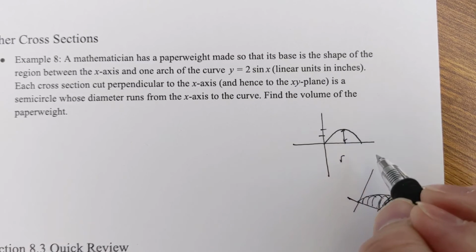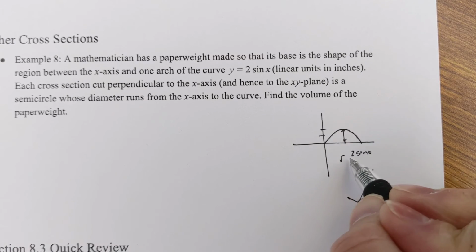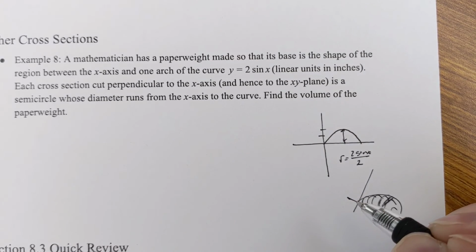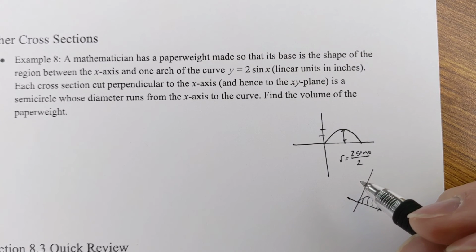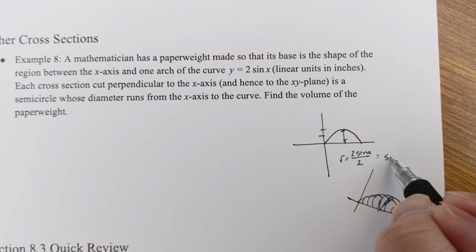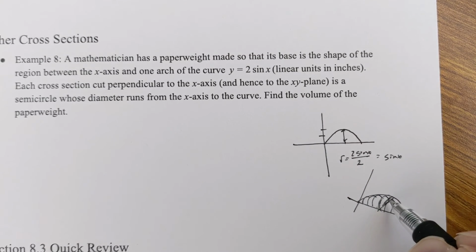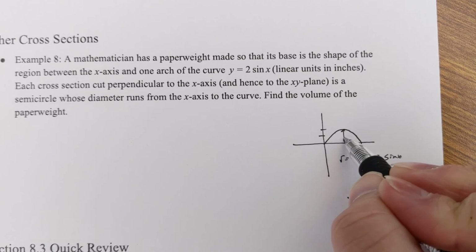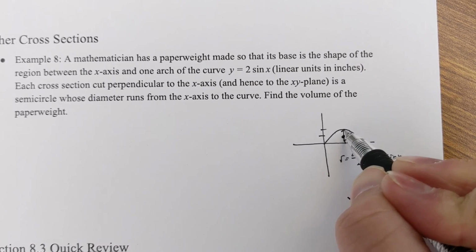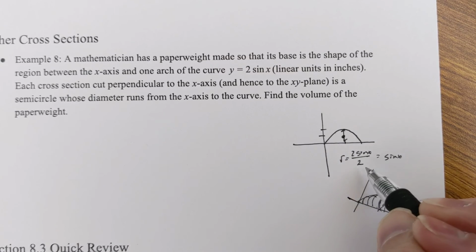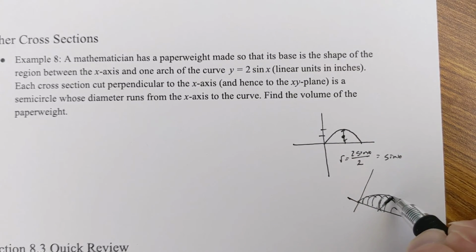This distance is 2 sine x, but my radius is going to be half of that, so just sine x. The semicircles are centered here and they arc up, so our radius from here to here is sine x.